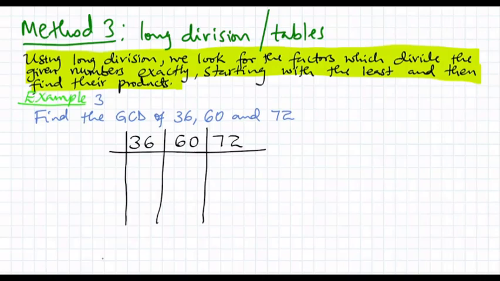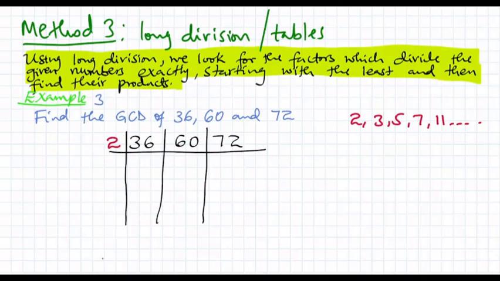Then starting with the smallest prime factors. Remember prime factors from the smallest: 2, 3, 5, 7, 11 and so on. So we start with the smallest prime factor, which is 2. So 36 can be divided by 2, and we have to make sure those numbers divide exactly.